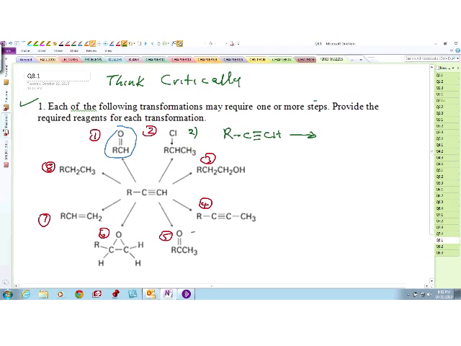Number 2. Okay, what do we need to do for number 2, which is this here? Go from here. Okay? What are we doing here? Apparently, let us assume that this carbon here is this carbon, right?